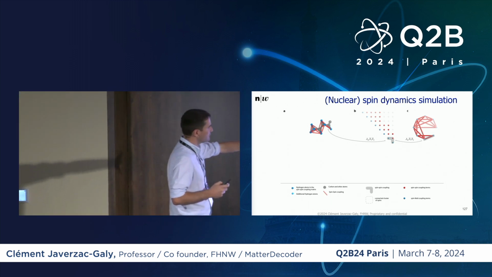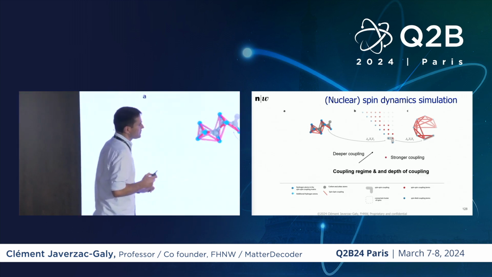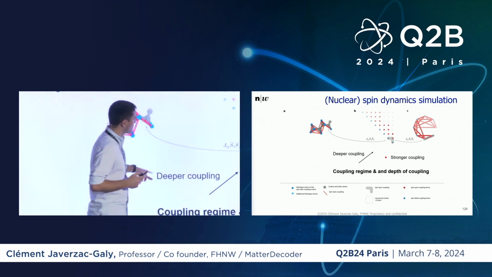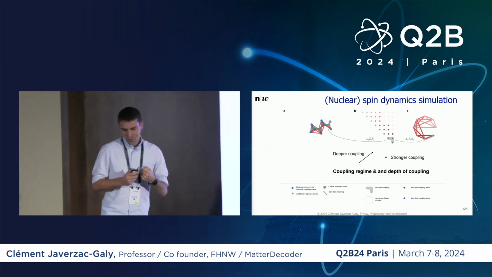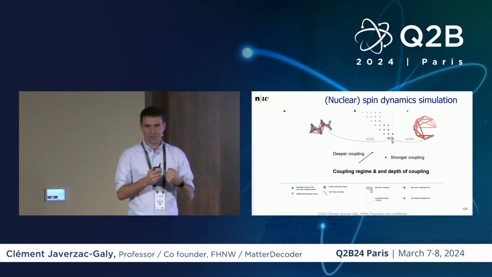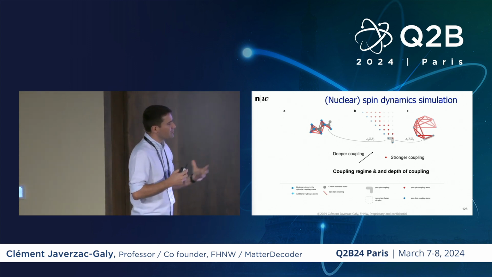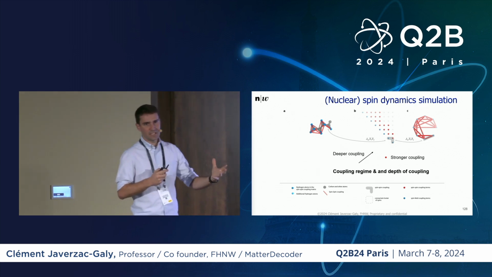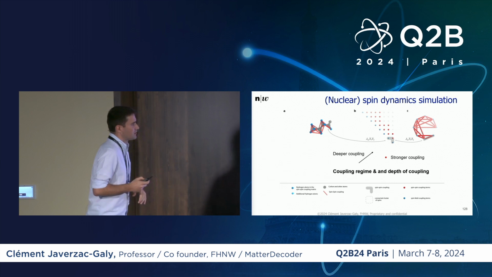In this example, even for a small molecule, we see it can be already quite connected. The closer to the diagonal, the deeper the coupling is, and the larger the coefficients, the stronger the coupling. This coupling regime and depth of coupling is very important in knowing if it's classically tractable or intractable, and when quantum computing comes in.